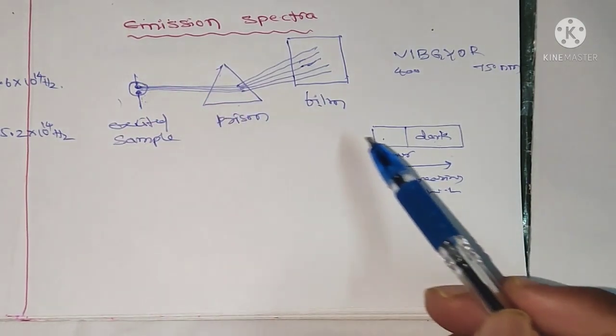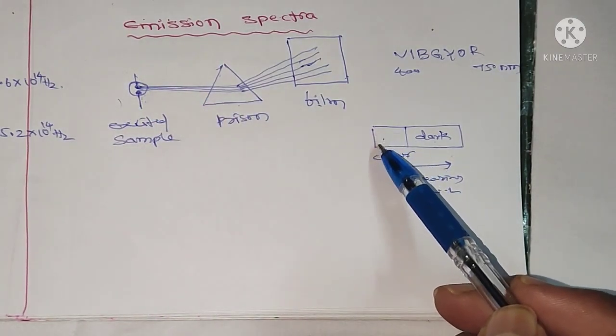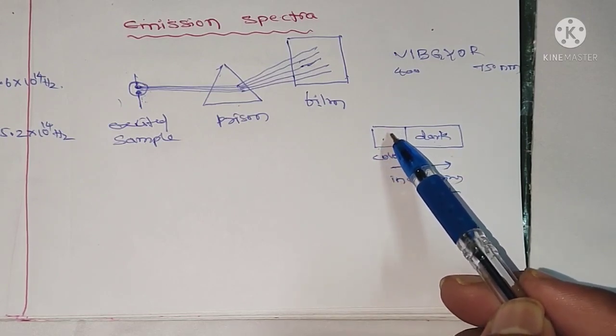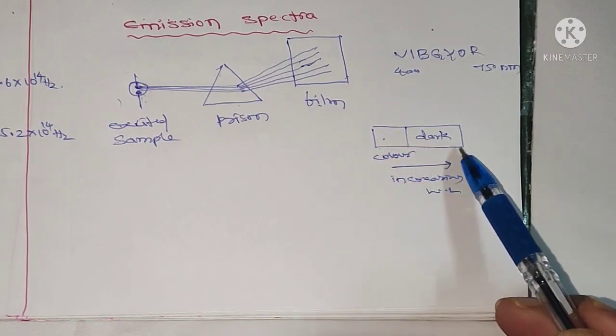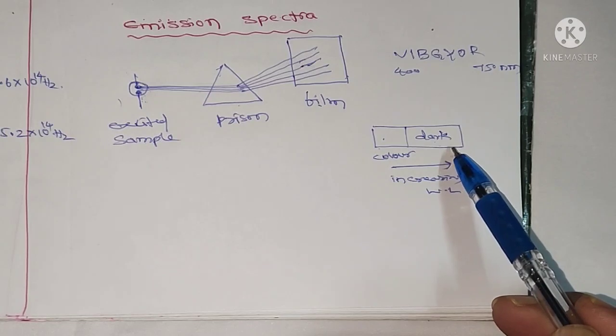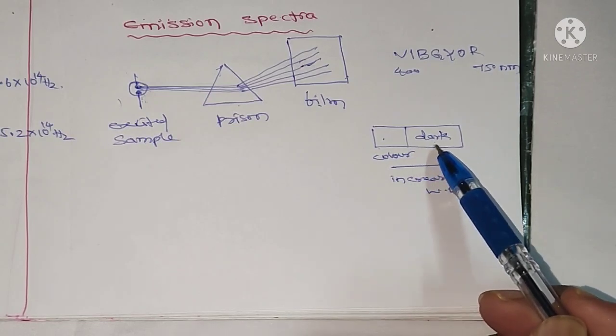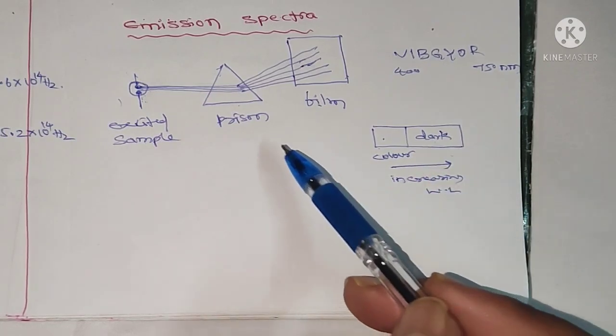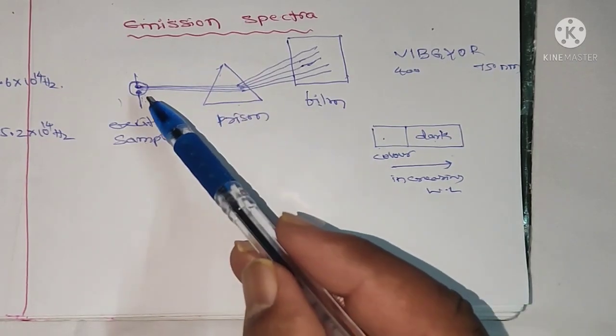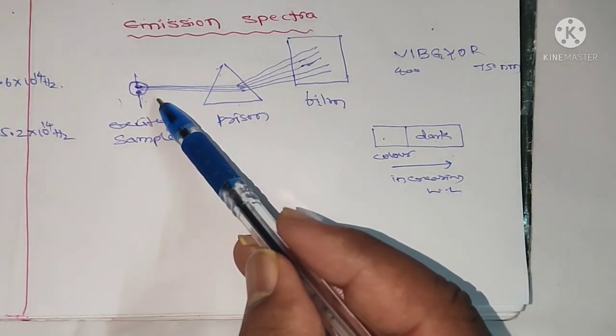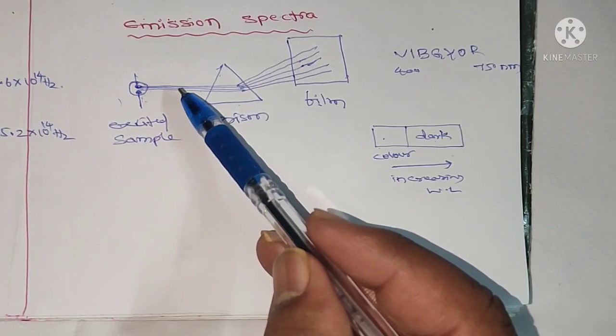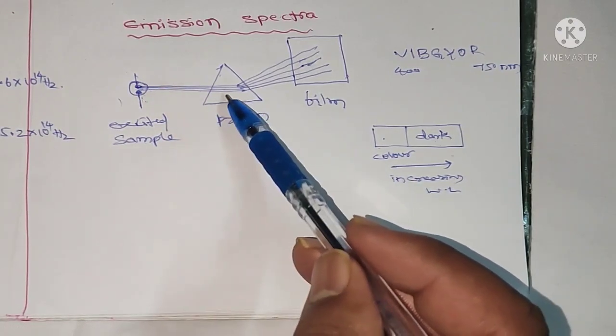That emitted radiation will give the color band, and the remaining range of wavelengths will appear as dark space. So the spectrum of radiation emitted by the substance that has absorbed is called the emission spectrum.